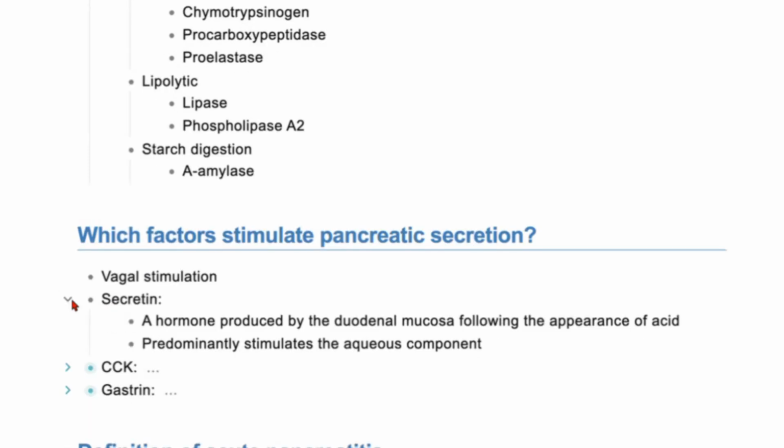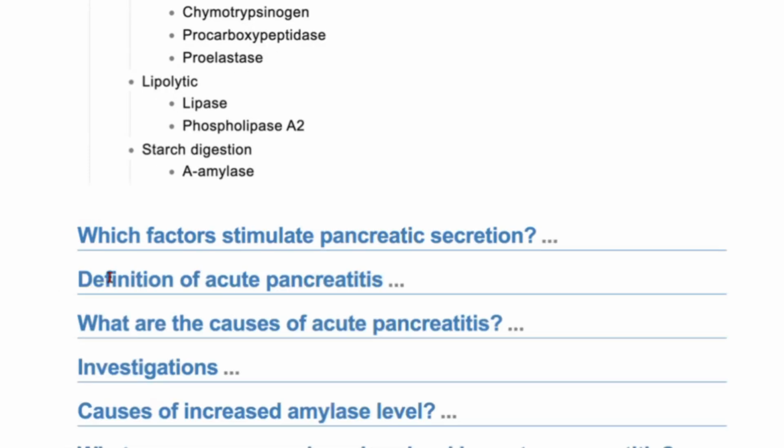What's the definition of acute pancreatitis? The clinical definition of acute pancreatitis is sudden abdominal pain with urinary features or an increase in pancreatic enzymes secondary to pancreatic inflammation. The pathological definition would be reversible inflammation of the pancreas associated with capsular or parenchymal injury.